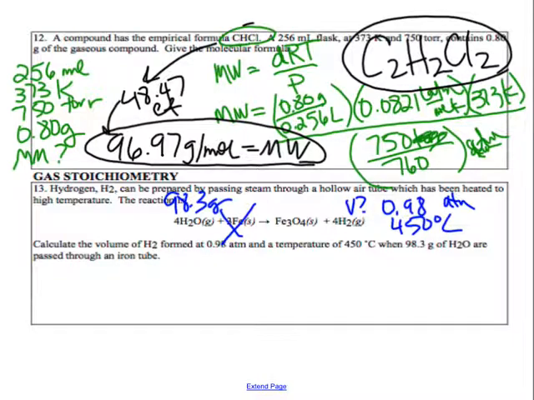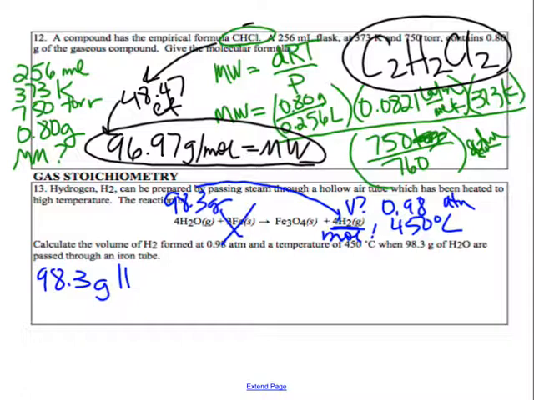I know this is my known, I got to get to here. What can I find from that mole bridge? Now, not ratio. We're going to convert to moles. I'll give you that. But I got to get volume. If I know moles, how do I get volume from moles, atmosphere, and temperature? PV equals nRT. Okay? So let's go ahead and do stoichiometry to find moles of this guy.